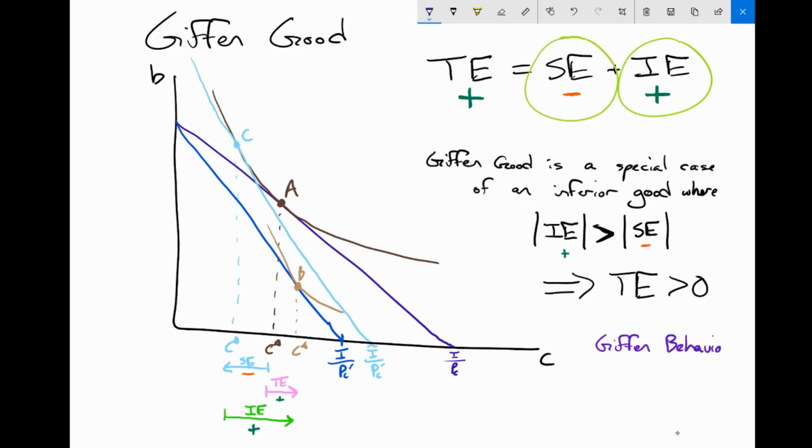Giffen behavior would be where a person, an agent, increases their demand for a good in response to a price change. That means a person increases their demand for a good in response to a price change. All right, so that's Giffen good or Giffen behavior.